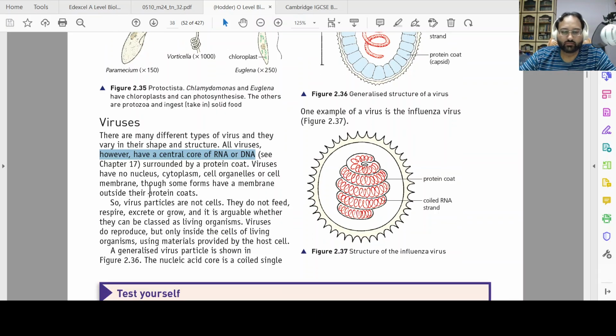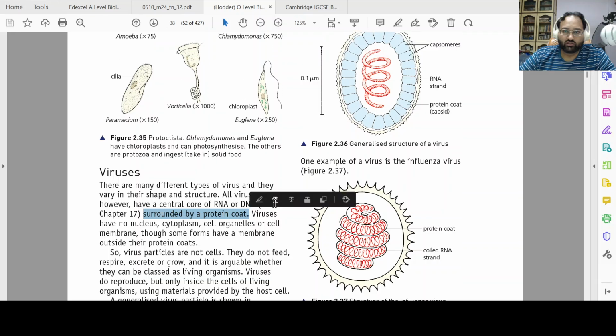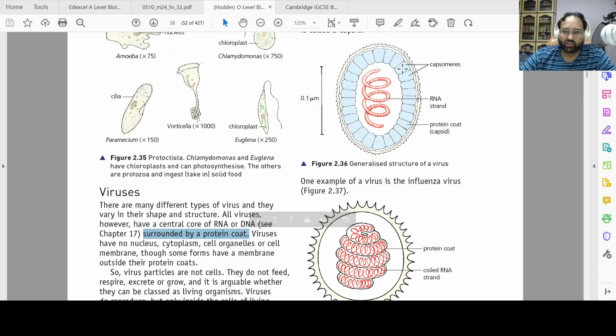The genetic material is surrounded by a protein coat. You can see over here, they've illustrated that with these blue guys. The genetic material is in the center, surrounded by a protein coat. The individual protein units are called capsomeres, and all of them put together, the coat as a whole, is called the capsid.